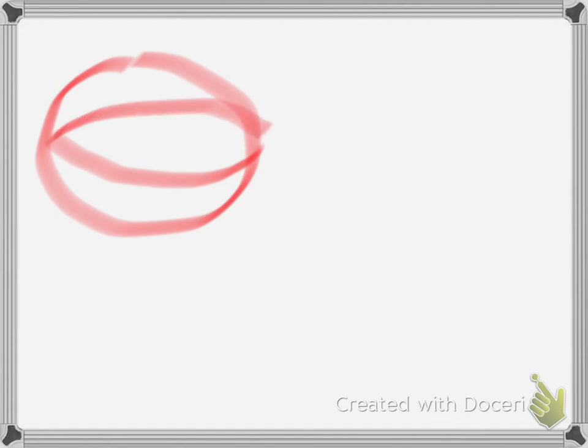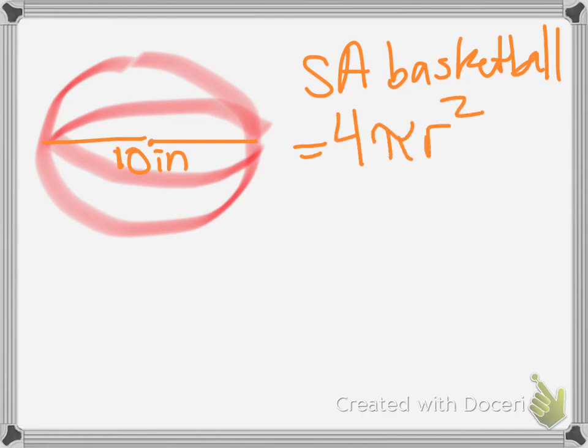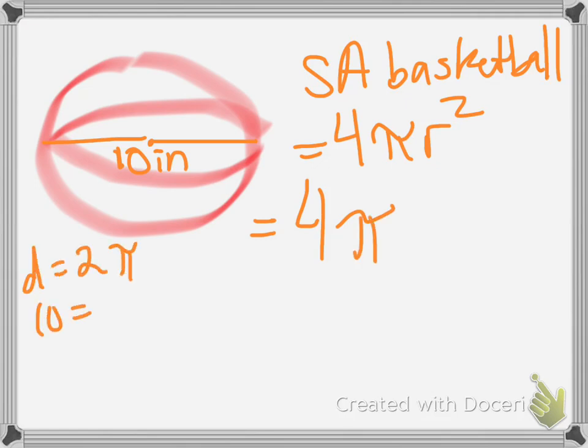For example, think of a basketball that has a diameter of 10 inches. If you were to calculate the surface area of a basketball, you know that equals 4 pi r squared. Diameter equals 2r, so 10 equals 2r, so r equals 5.